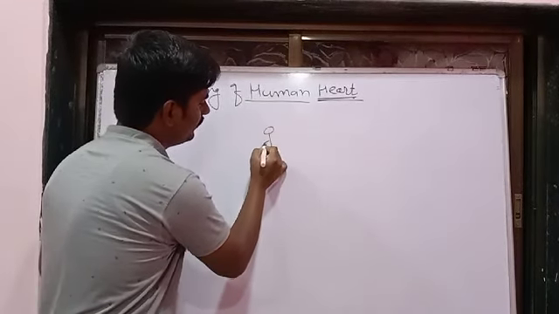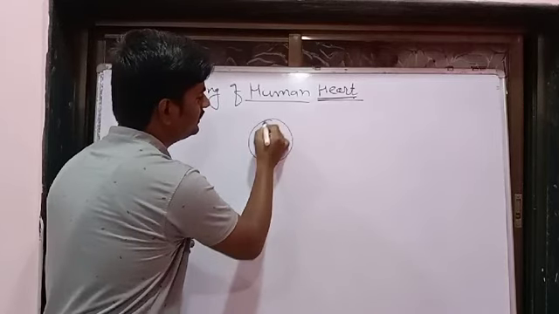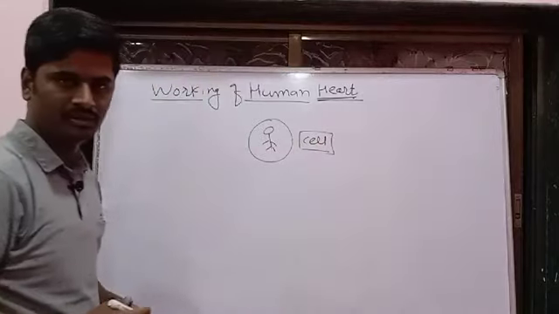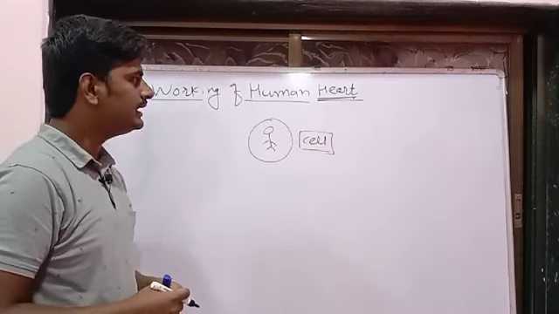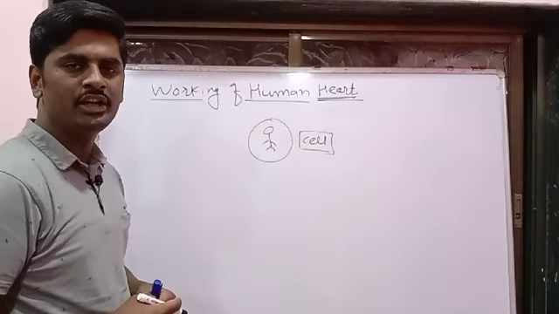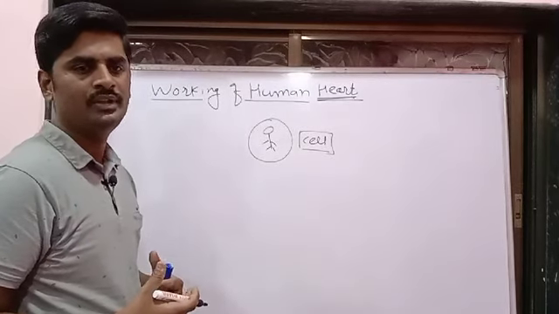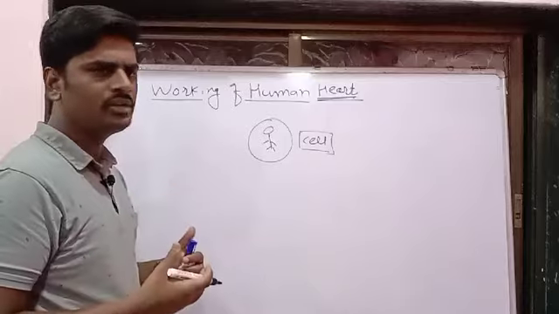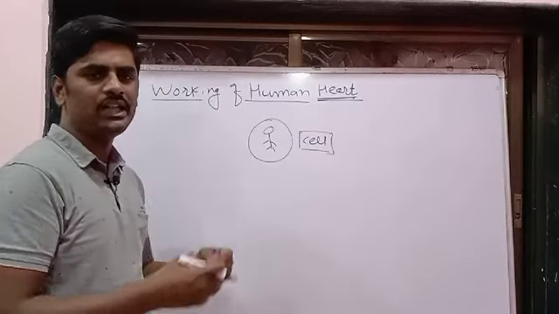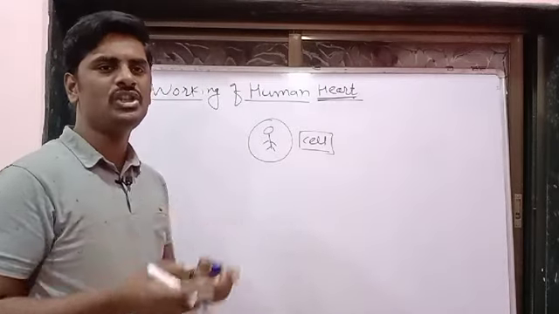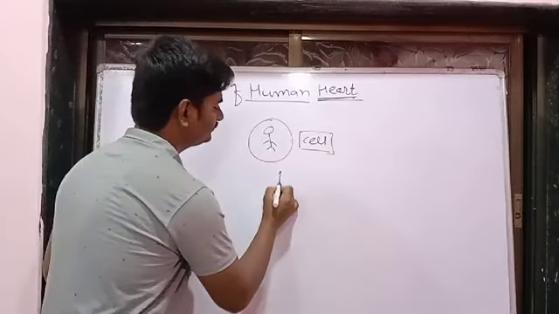Whatever the human, that human is made up of a basic unit of life, that is the cell. And each and every cell inside the body requires oxygen for its proper metabolism. Each and every cell requires not only oxygen but also all types of nutrients, and those nutrients are provided by a special type of fluid, that is blood.